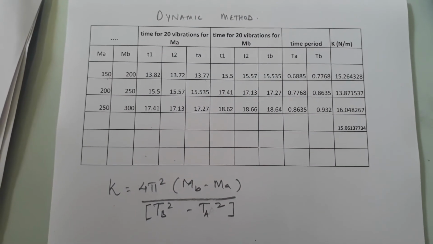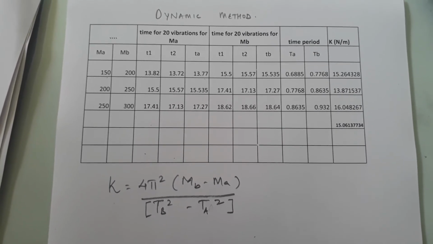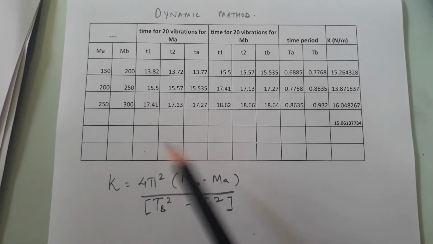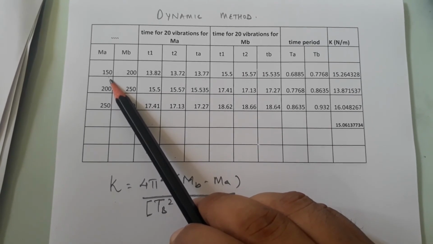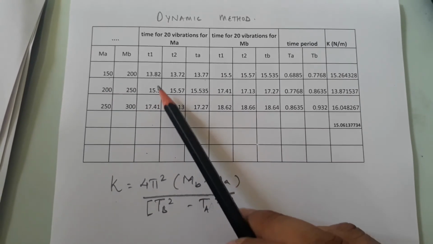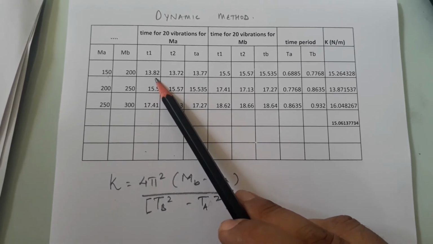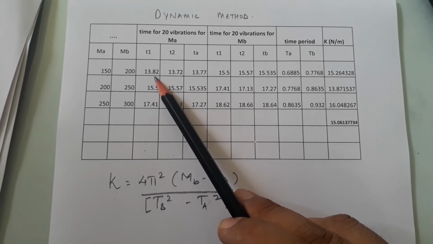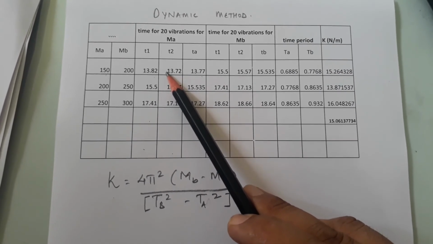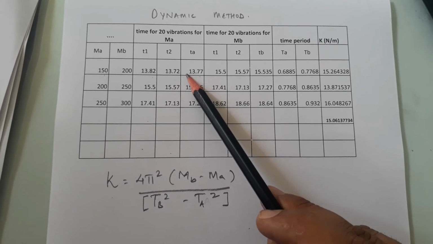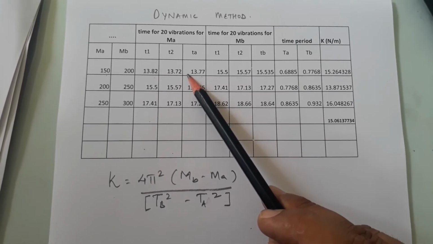To do the calculations by the dynamic method, we again added 150 gram to the spring and made the spring oscillate, and we did a 20 oscillation run, and we took the time it takes to do the 20 oscillations. We did the experiment twice so that we can take an average value, and by this you can get much more accurate results.